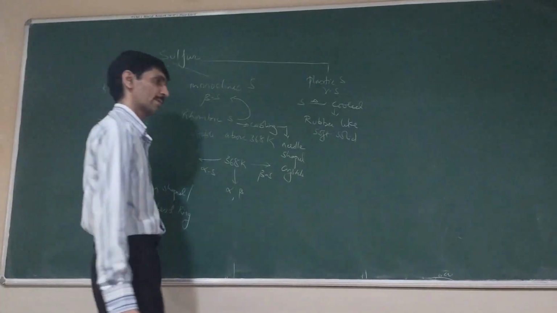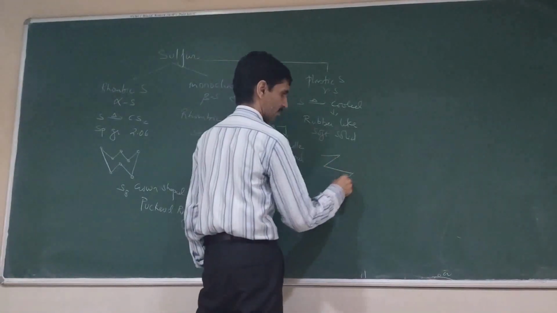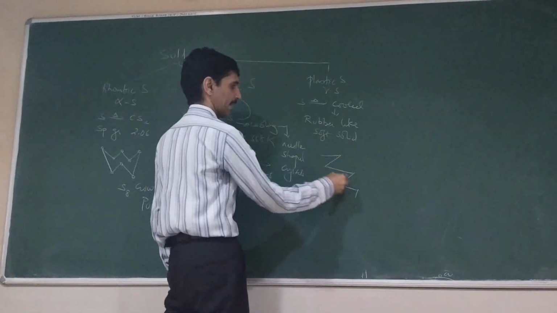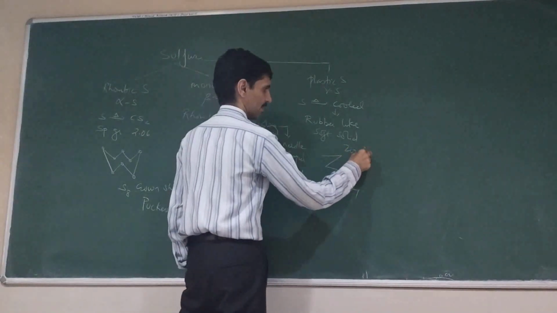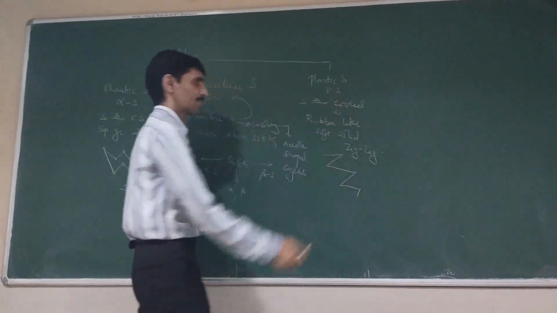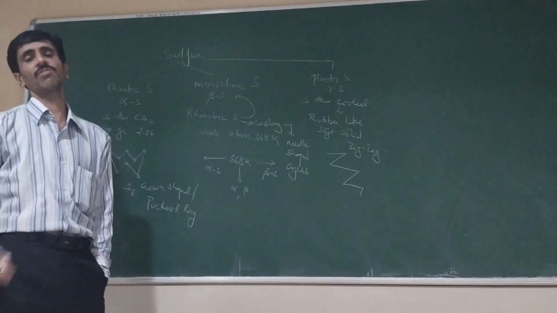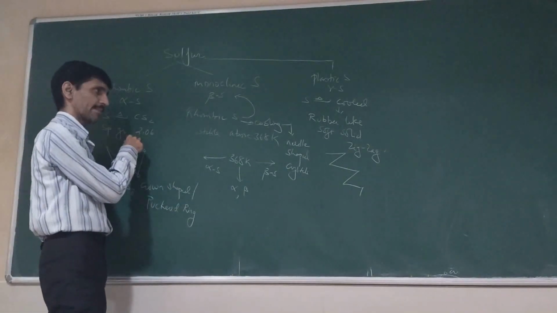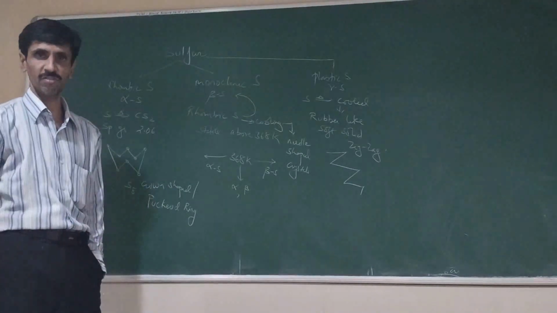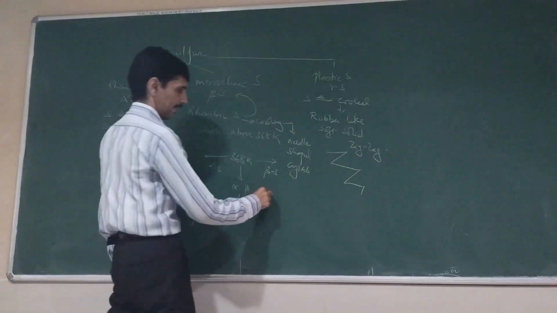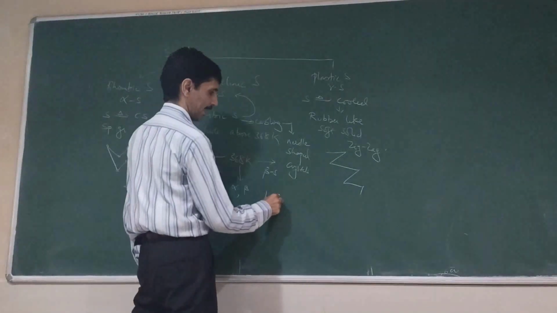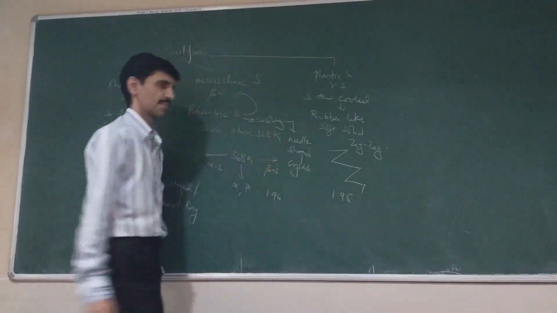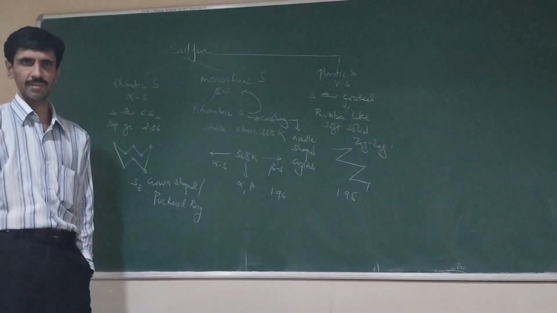Now, as far as the arrangement is concerned, it's like a zigzag, open chain structure, where sulfur atoms are connected with each other. So this is zigzag, we can say. Now there are also changes in terms of specific gravity. As I said, the specific gravity of alpha is 2.06. So here it is somewhere around 1.96 and this is around 1.95. This is the specific gravity of the three forms.